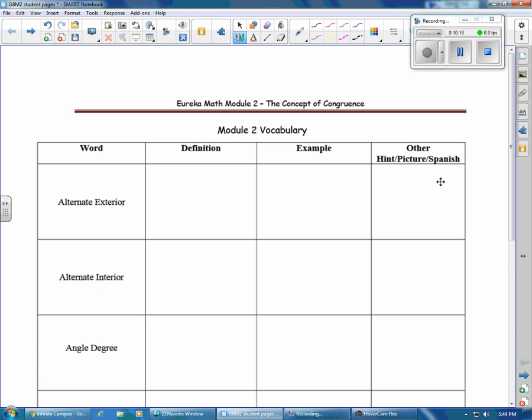If English is not your first language, if you speak Spanish or Polish or Lithuanian or whatever language you speak at home, you could translate the definition into that language. You could draw a different picture. You could draw a hint that helps you perform whatever operation we're talking about. So this column is solely yours. You have sole discretion. And yes, it is assigned. You have to do it. Even though I'm not filling it in, you have to fill it in.